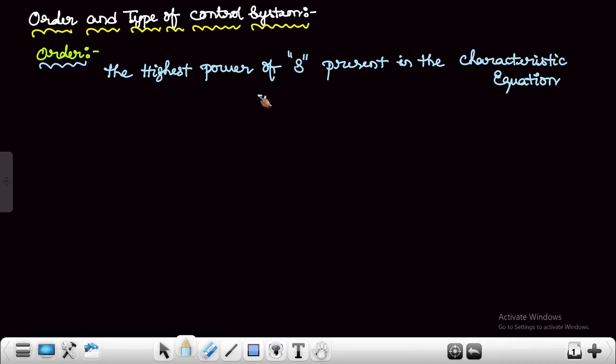So we have the transfer function. Let us take the transfer function T of S equals C of S divided by R of S, and you get something like P of S divided by Q of S, for example.